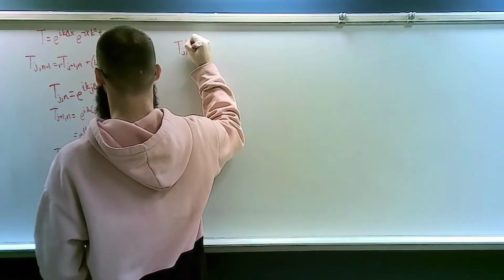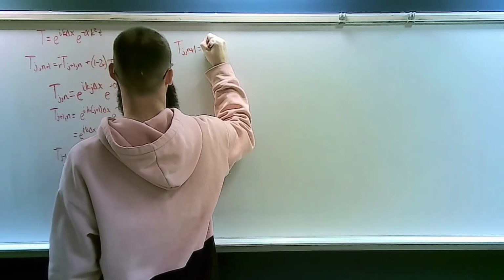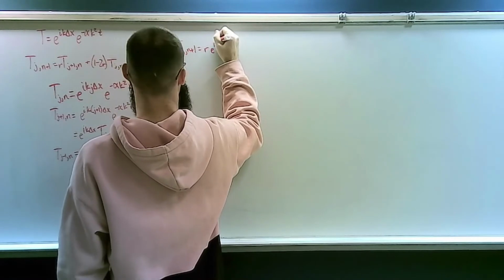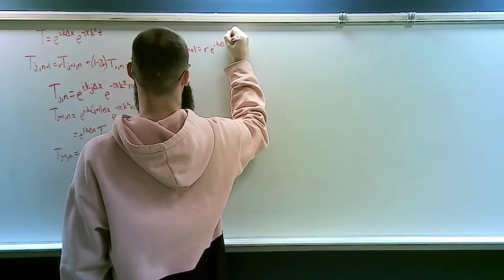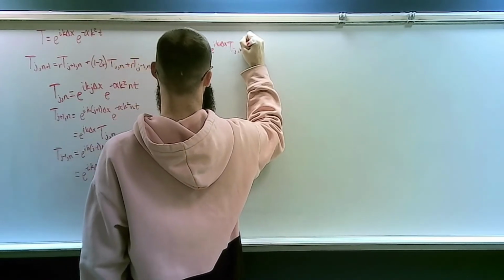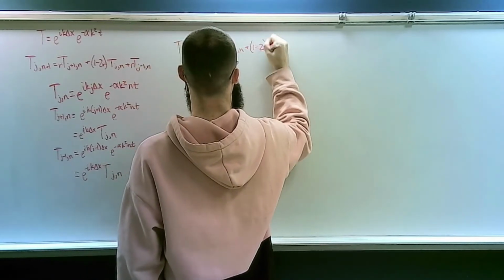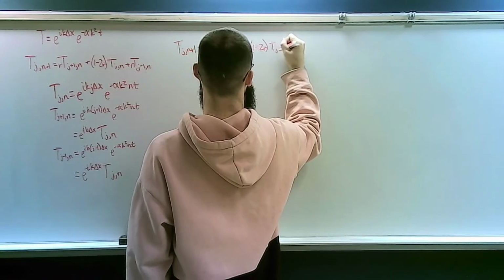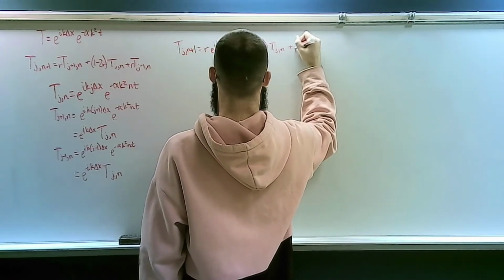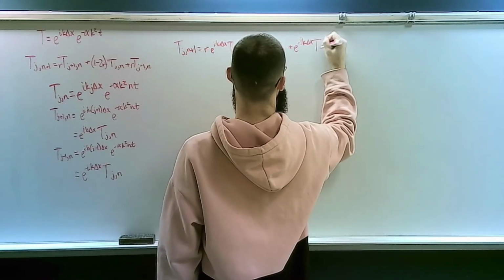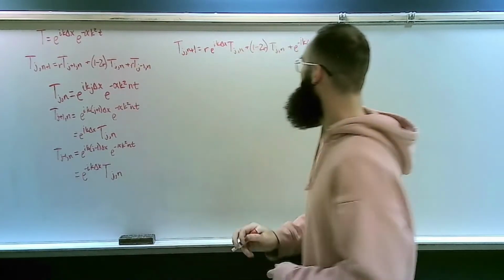T_j^{n+1} equals r times e^{ikΔx} T_{j}^{n+1}... minus 2r T_j^n plus e^{-ikΔx} T_j^n.